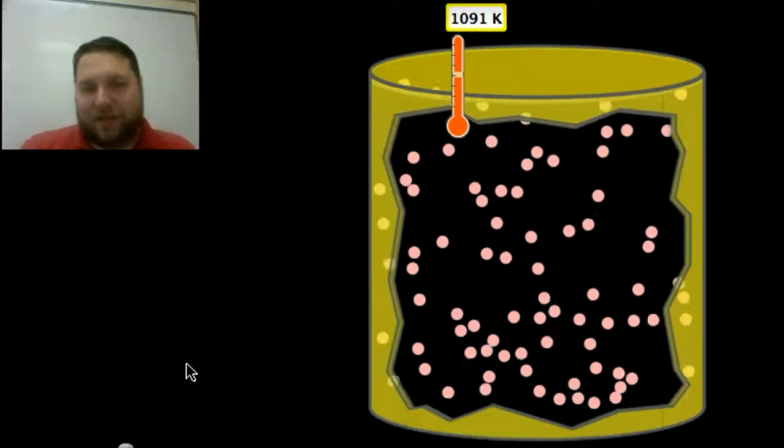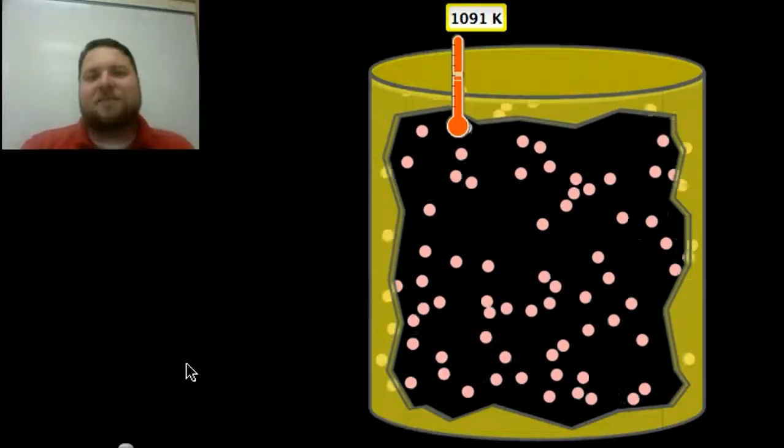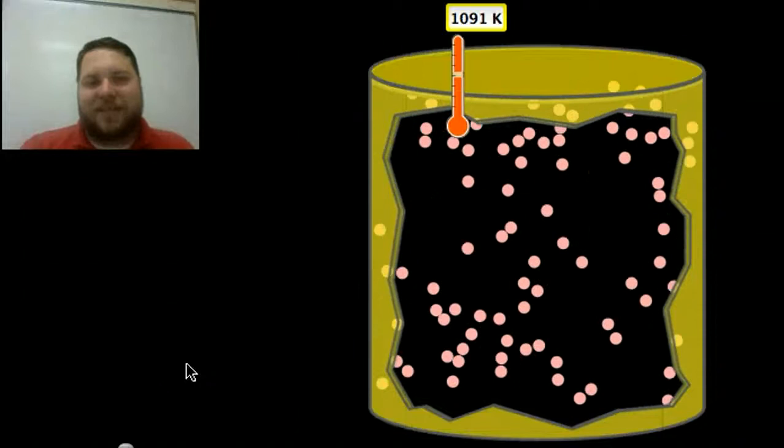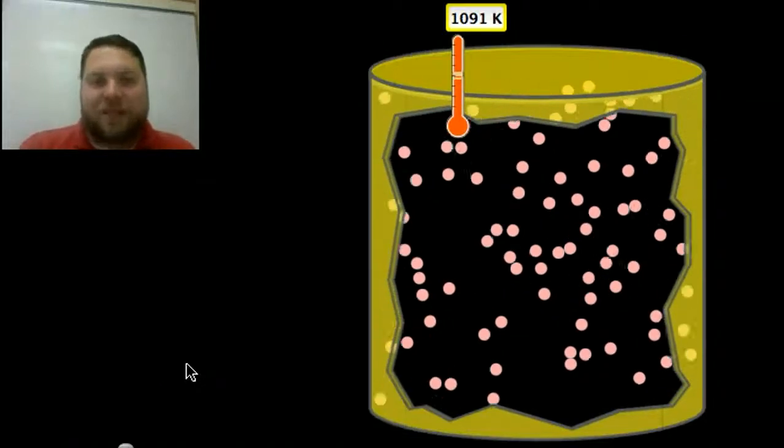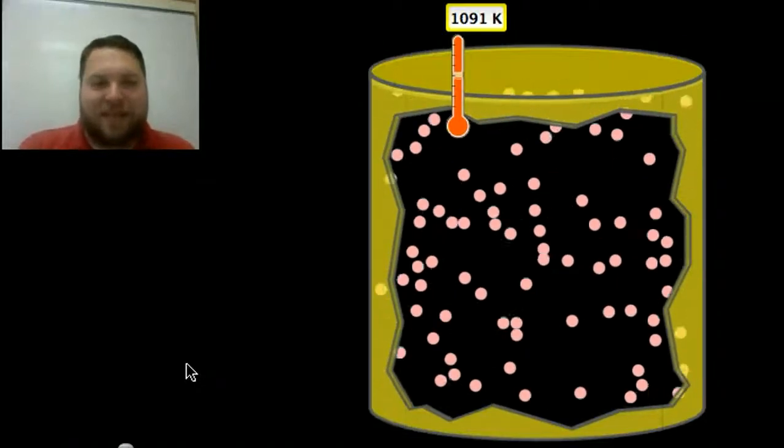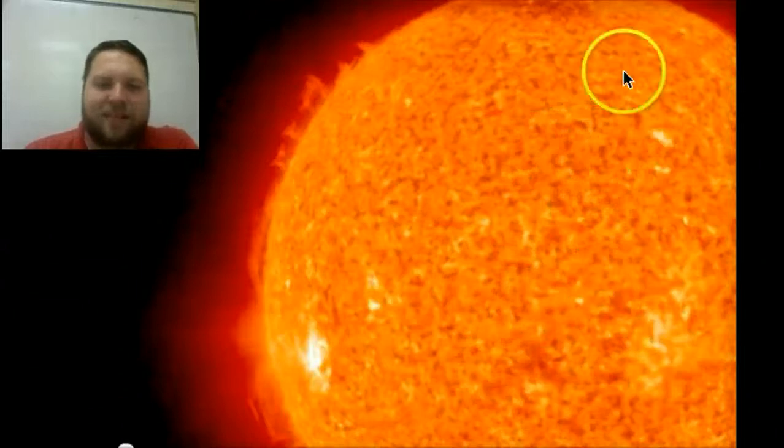Even though they're not common on Earth, plasma is the most common state of matter in the entire universe. That is, more of the universe is made of plasma than anything else, and here's why. The sun is just a gigantic ball of plasma, and inside the sun there are all these electric and magnetic fields that cause the plasma to move around, and we can actually take a look at some of those motions.